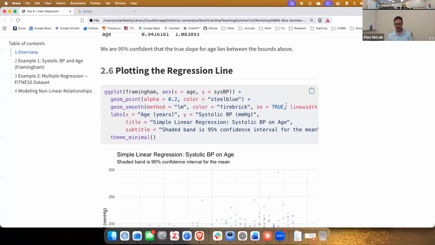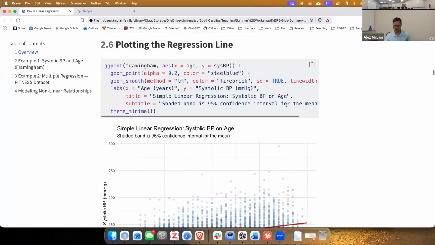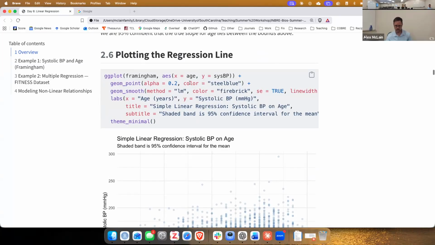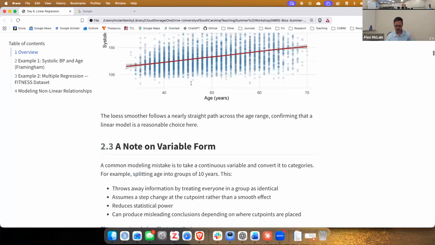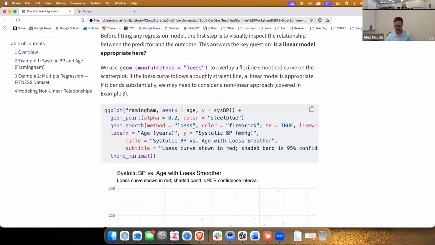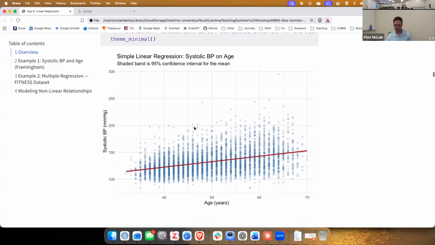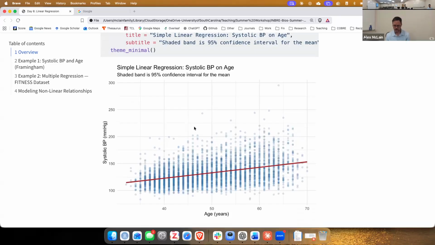Plotting the regression line, this is going to be very similar to the code we used previously. The only thing different is instead of method equals loess, here I'm going to say method equals lm. That is literally the only difference between these two codes. And that's going to show us what our linear regression line looks like here in terms of the data.